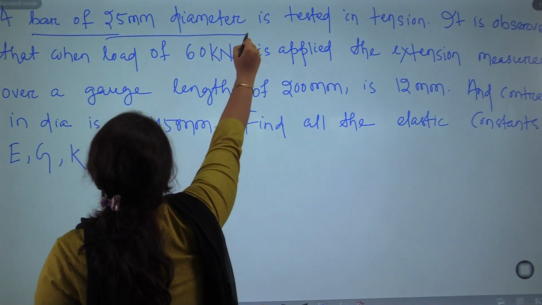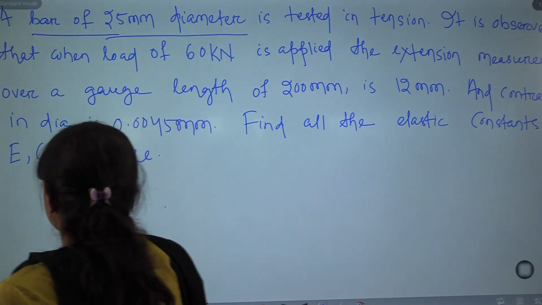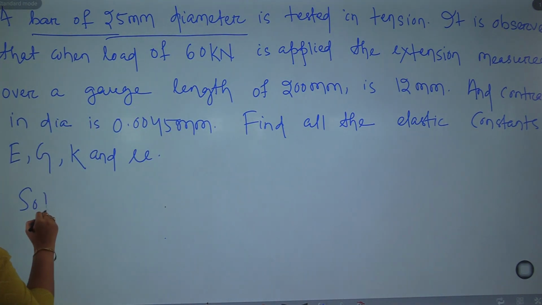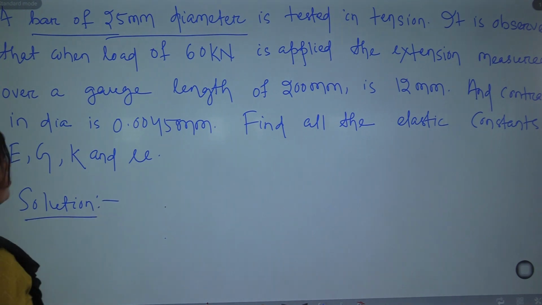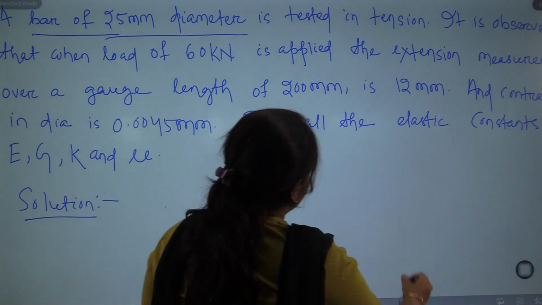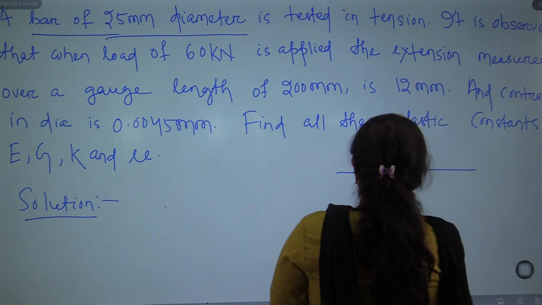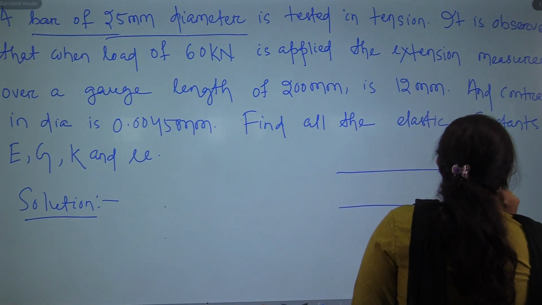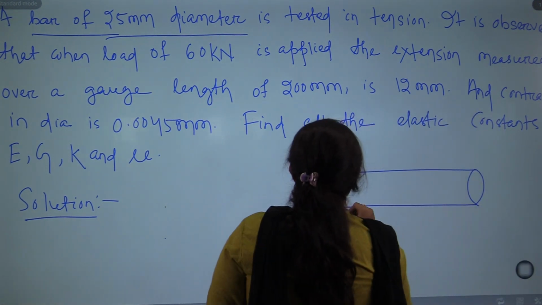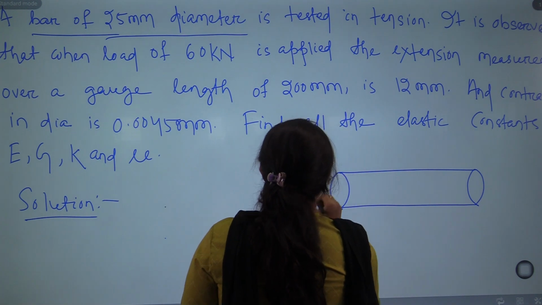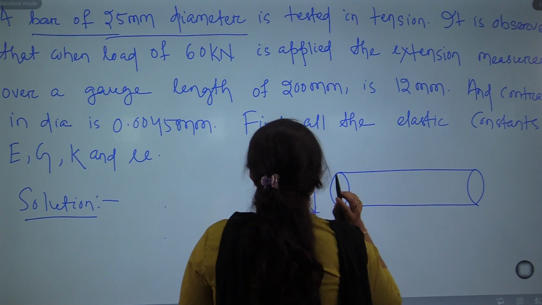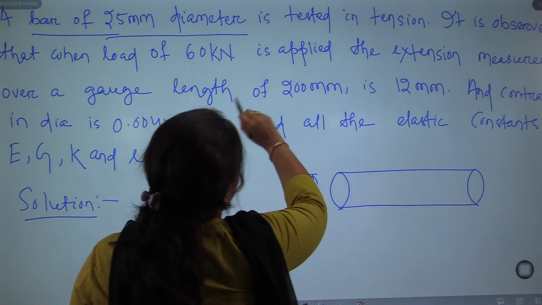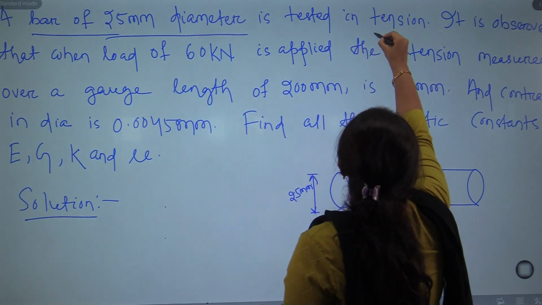A bar of 25 mm diameter. So, the given diameter is about 25 mm. Next, it is tested in tension.